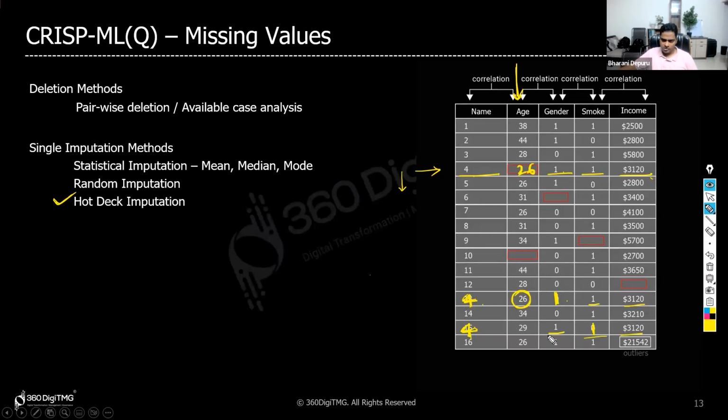So if all the values are the same, you choose that. And suppose in the entire data set you could find 2 rows which are exactly the same as this. Then you take those 2 values, which are 26 and 29, and then you take an average of that, which will be what?